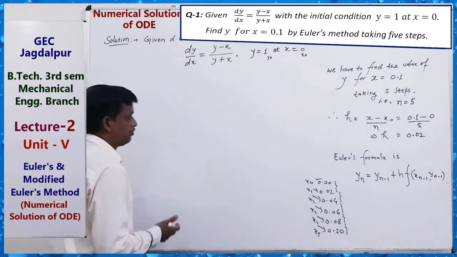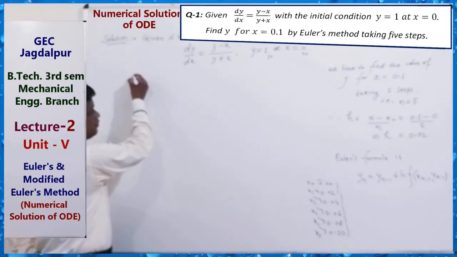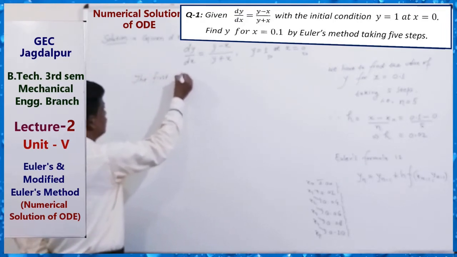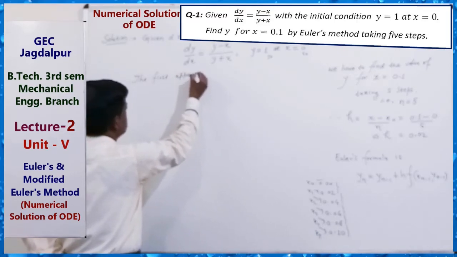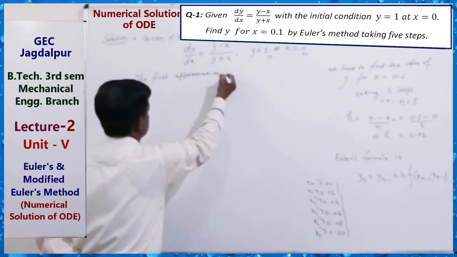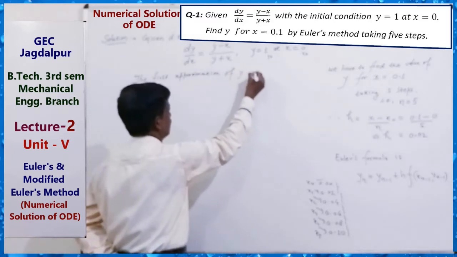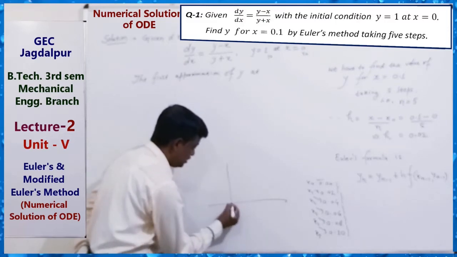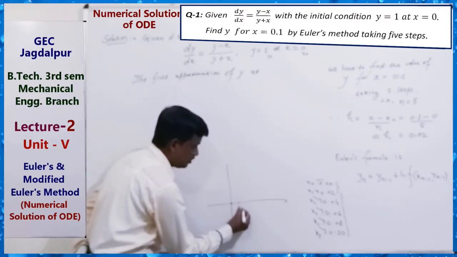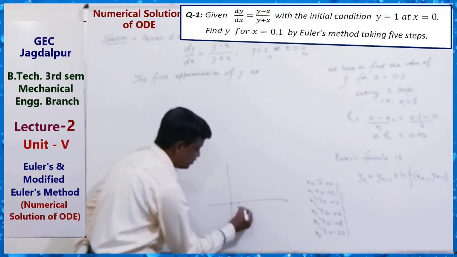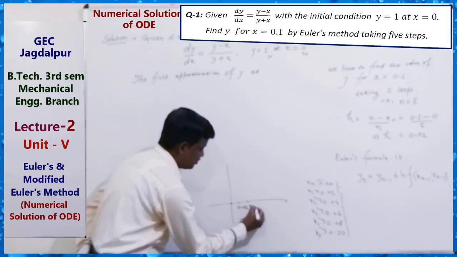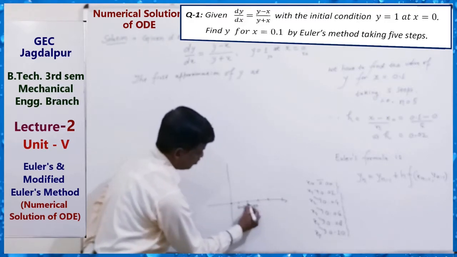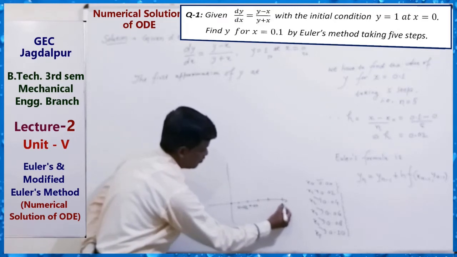Clear? So now, the first approximation of y at the intervals, just like the diagram. This is 0, 0.1, and 0.02, 0.04, 0.06, 0.08, and this is 0.1.